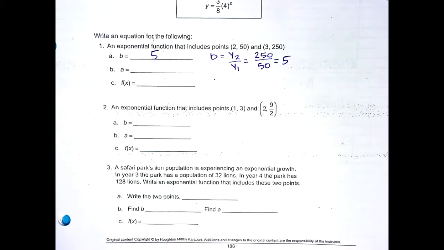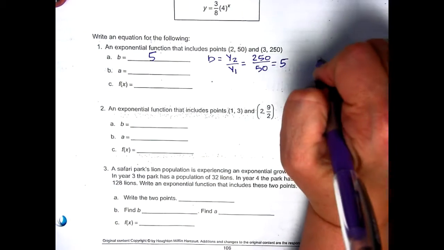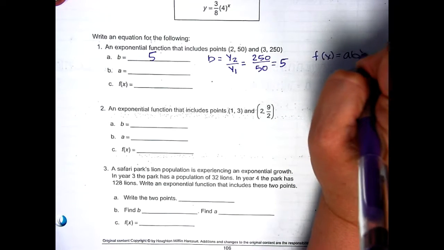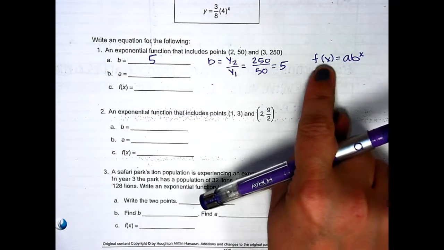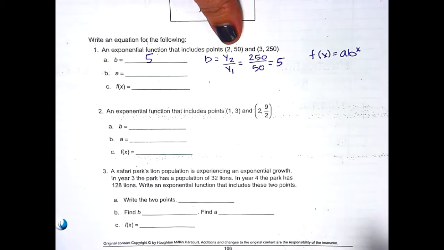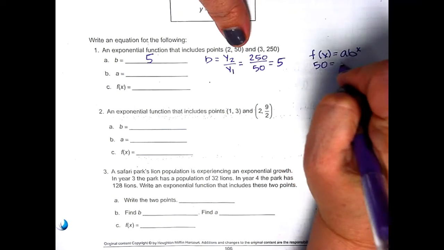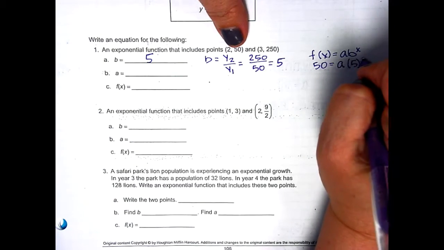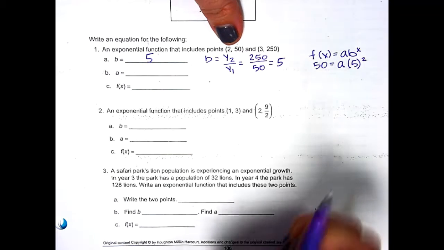Okay, and then we're going to use the formula to figure out a. So f of x equals a b to the x. And I'm going to fill in what I know. So for the f of x and the x, you're going to choose one of the 2 points. I would always choose the smaller point just because it's easier. So I'm going to say 50 equals a, because we don't know that yet, times 5 squared, because the x on that point was 2.